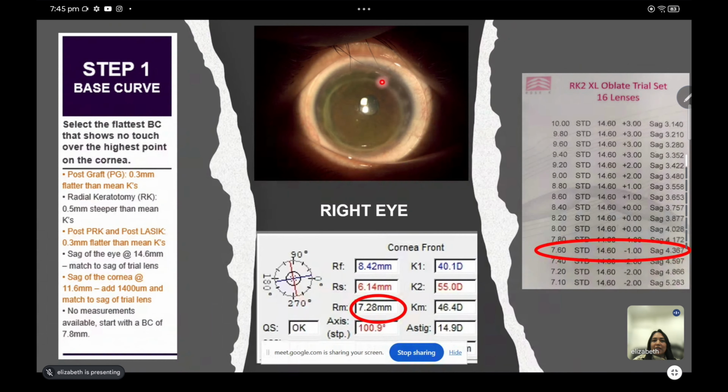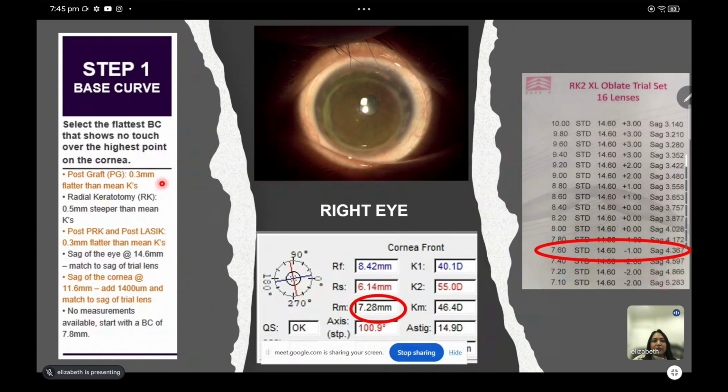So where the host tissue joins the grafted tissue, somewhere along that point, that's where you would find the highest point of the cornea. And it can be anywhere around the graft. And that's why these corneas make it quite difficult to fit with prolate lenses, because this point is usually part of the periphery. And that's why oblate lenses work much better for grafted corneas.